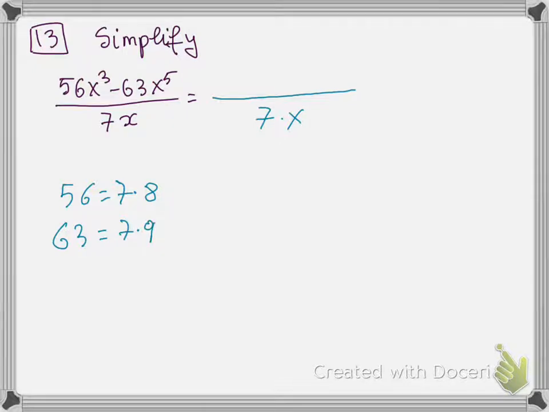So we see that 7 is a common factor of 56 and 63. And between x to the third and x to the fifth, x to the third is a common factor because x to the fifth is x to the third times x squared.